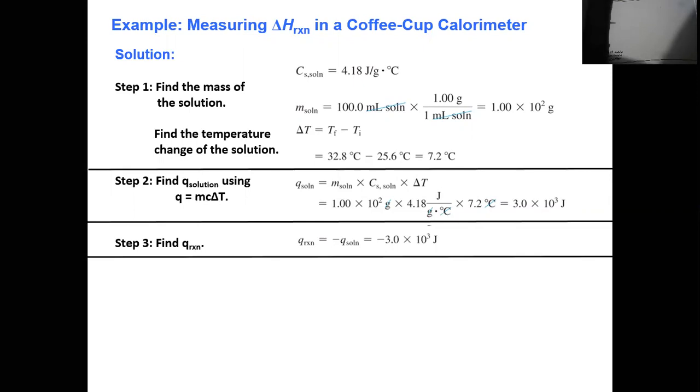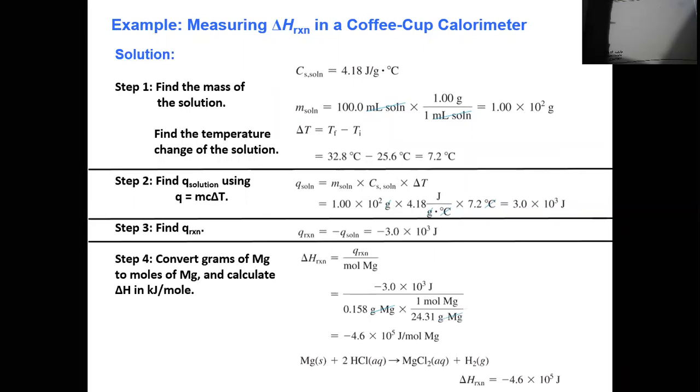That's great. Now I want to find my delta H value in kilojoules per mole. So again, this is written out in 1 step, but you do not have to do this in 1 step. Okay, if you would like, you can do this step down here separately, and you can figure out how many moles of magnesium there are in 0.158 grams of magnesium.